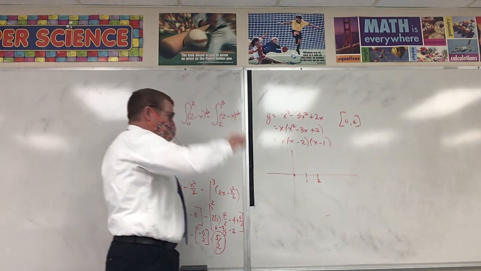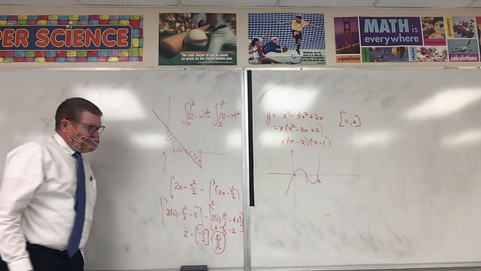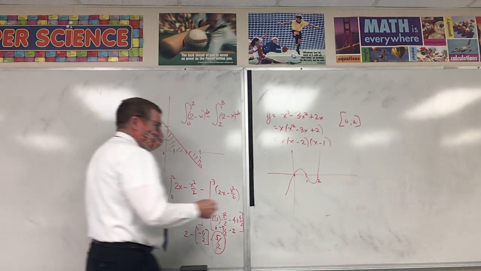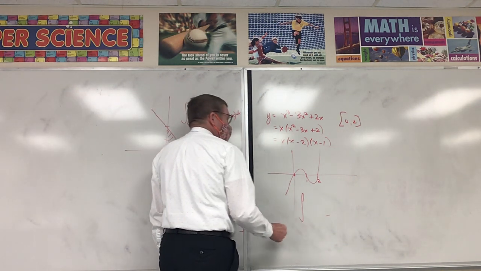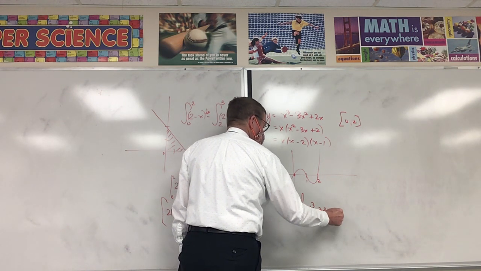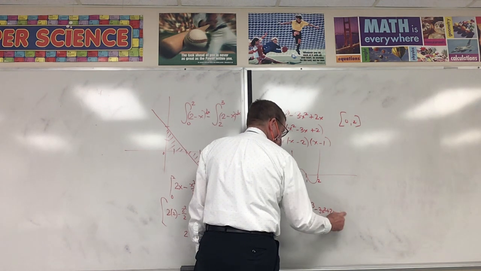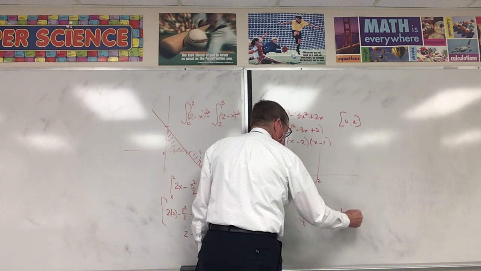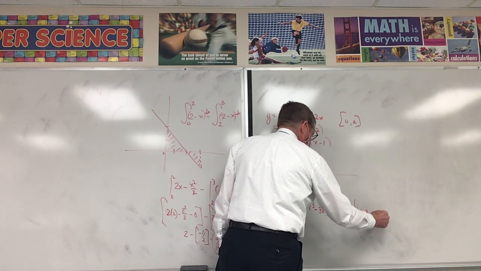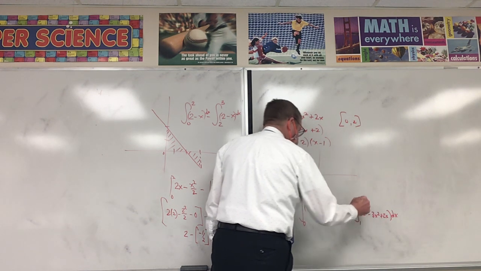Down, up. So we're going here, here, and here. So I do have part of the graph that's below the x-axis. Therefore, I'm going to take the integral of x cubed minus 3x squared plus 2x from 0 to 1 minus, oops, do this right, the integral of x cubed minus 3x squared plus 2x dx from 1 to 2.